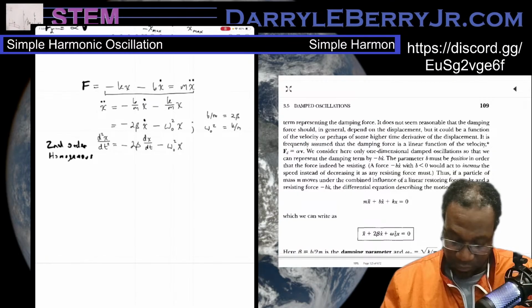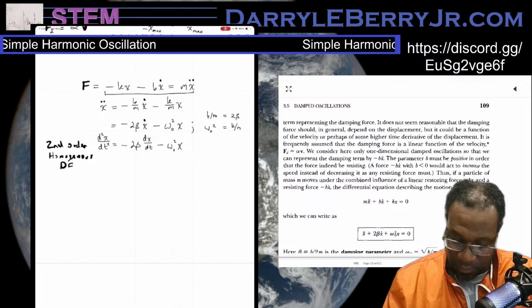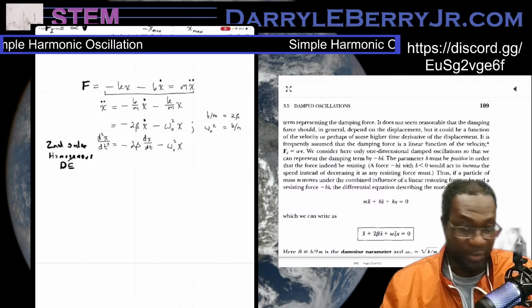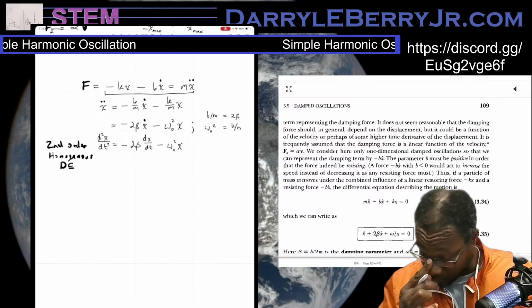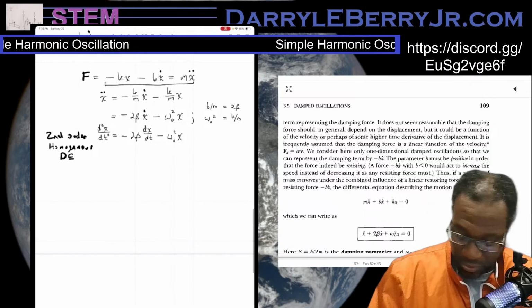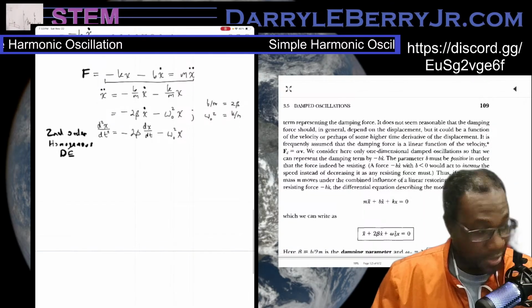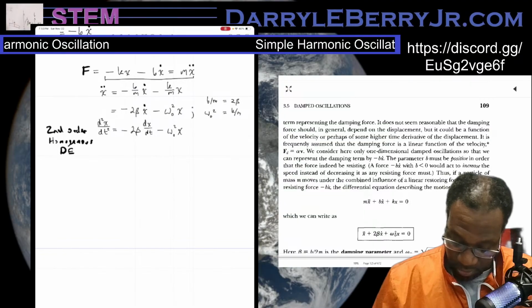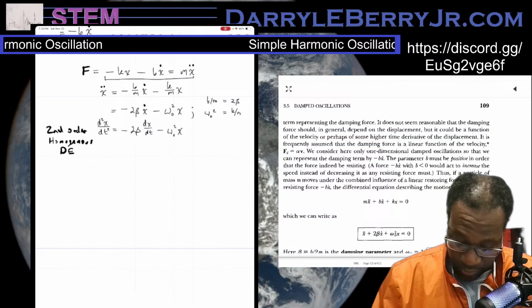One of my favorite books is this differential equation book. These are just so well written, but I don't want to bring it up right now just to figure out what the wording of this thing should be. So what we need to do here, we could bring everything to one side.